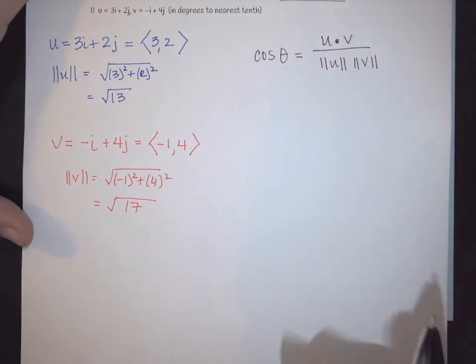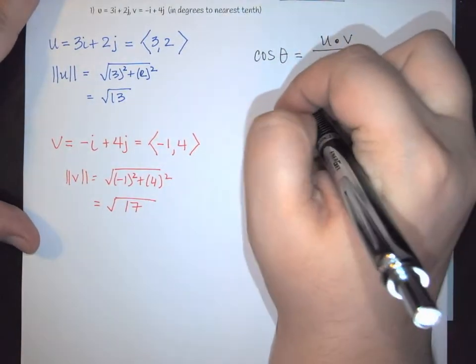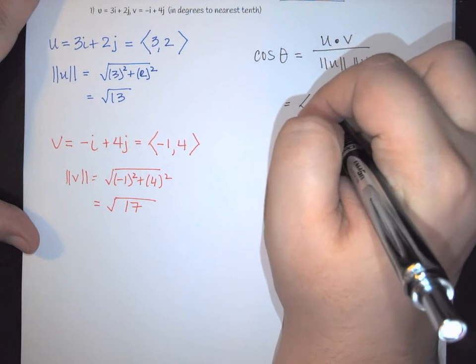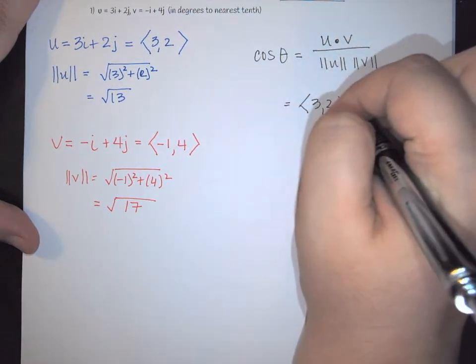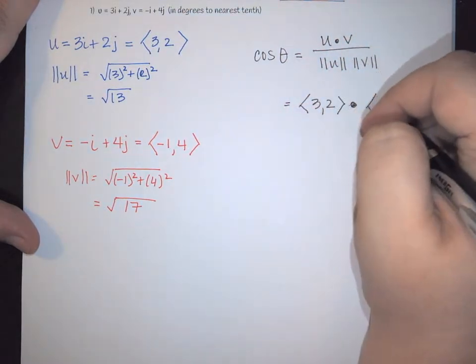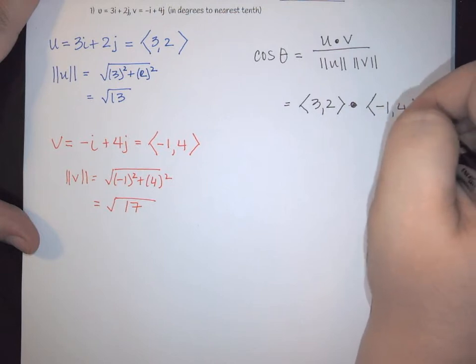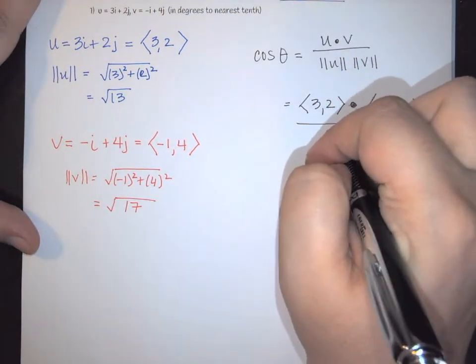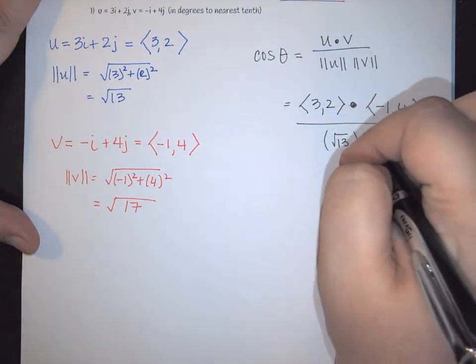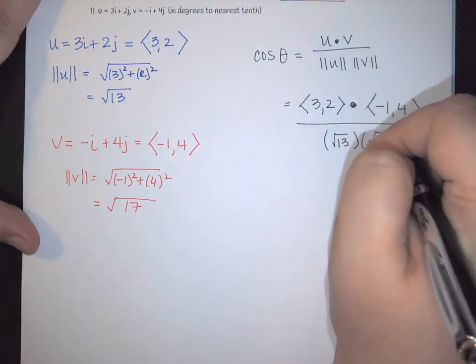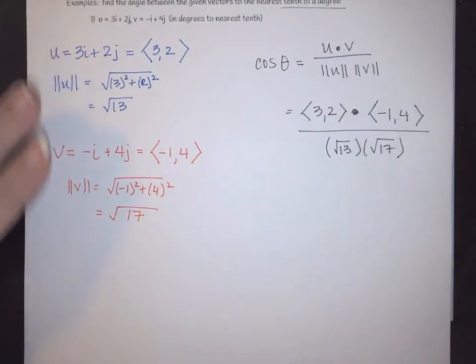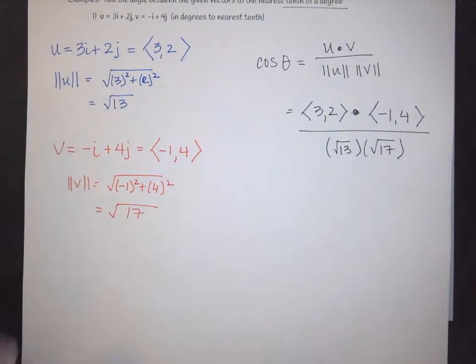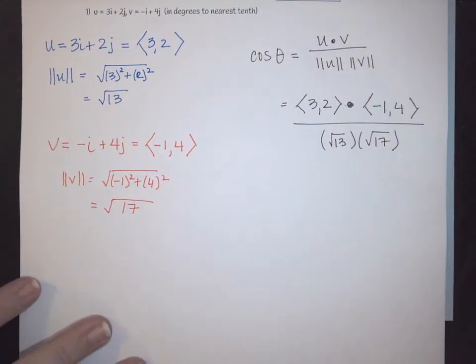This is going to be 3, 2, dot product with negative 1, 4, over the square root of 13 times the square root of 17. As long as you do your individual pieces first, it makes the next step very easy because all you're going to do is plug and chug.